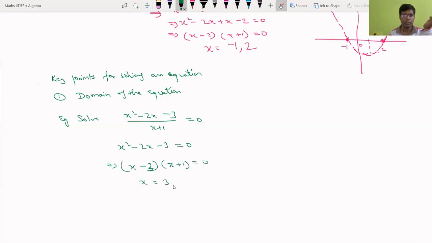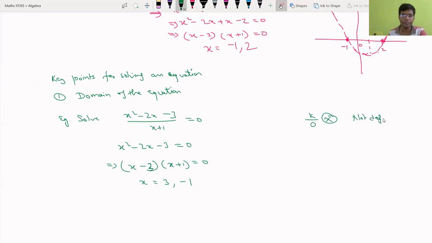So we get x is equal to 3 and minus 1. But if you observe carefully, x is equal to minus 1 will not fit in this given equation, because when x is equal to minus 1, the denominator becomes 0, which is not allowed in maths. You cannot have some number k by 0. This is a sin in mathematics. This is not defined.